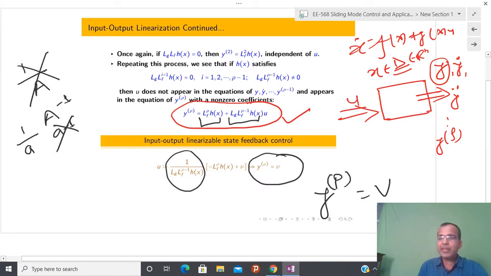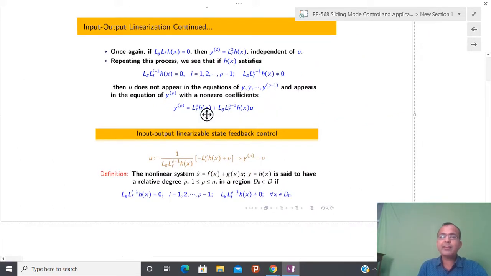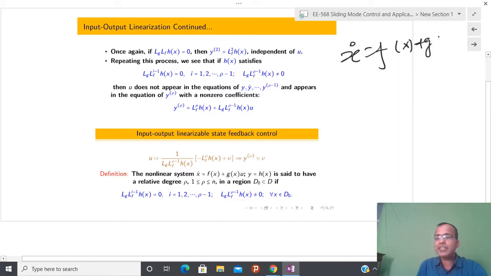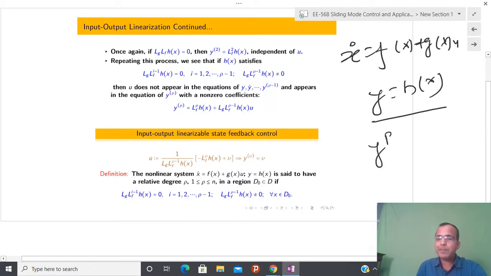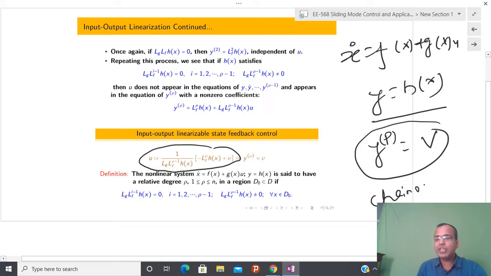So in this way, what I am claiming is that if you have a system like x dot equal to f(x) plus g(x)u and y equal to h(x), then by differentiating y p times I am able to get some kind of system. And if you apply a control like this, the system is converted into a linear system, and this is nothing but a chain of integrators. I will tell you why this is a chain of integrators now.